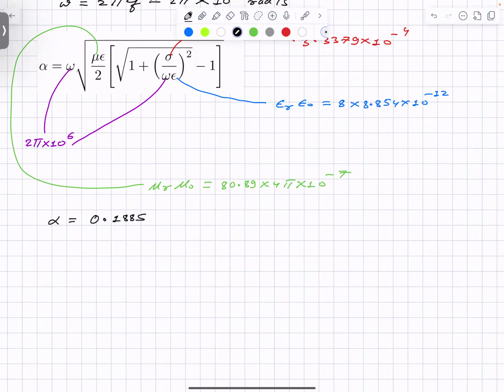And similarly, we can find beta by using plus instead of minus there, and that will be 0.5655. And that is radians per meter. That is one way of getting alpha and beta.